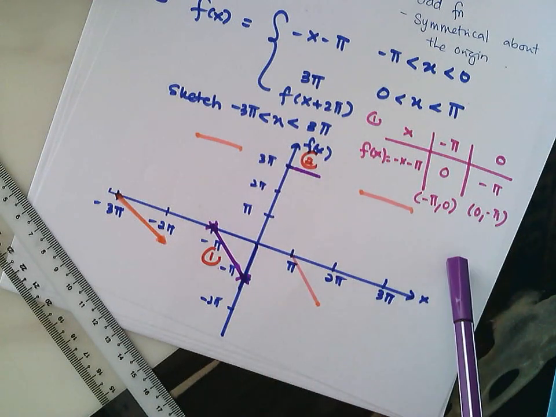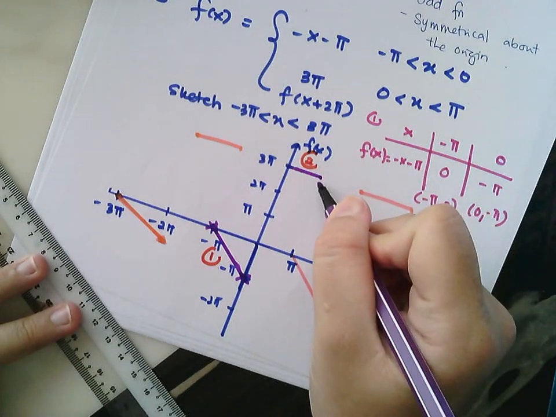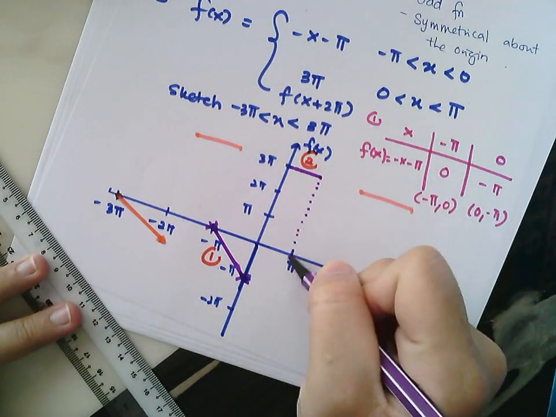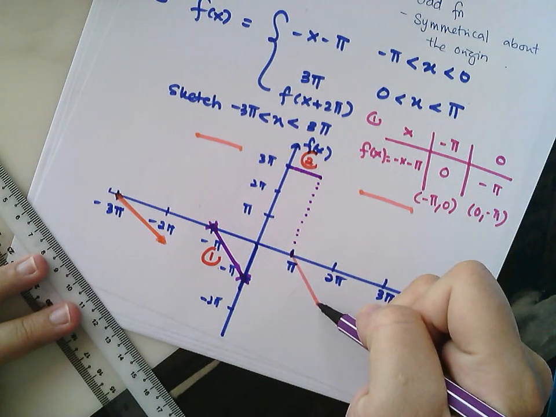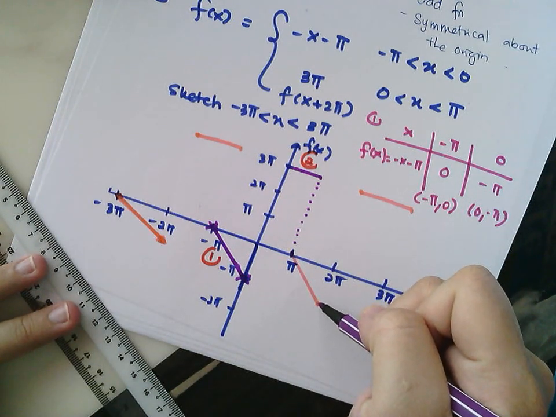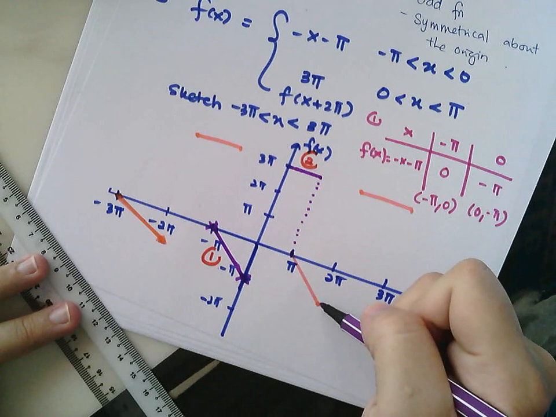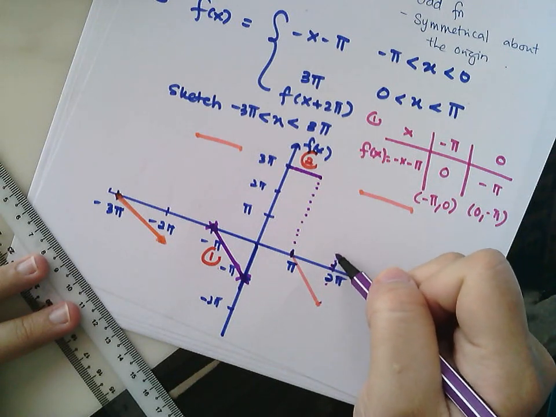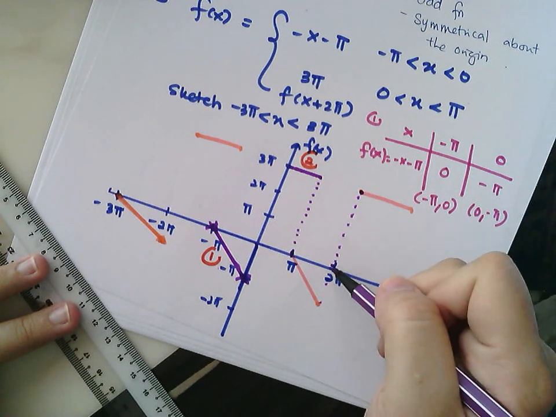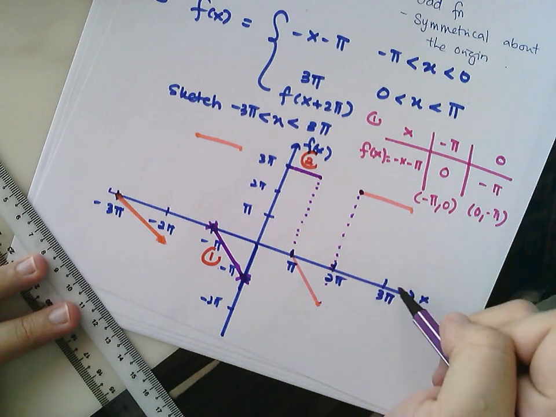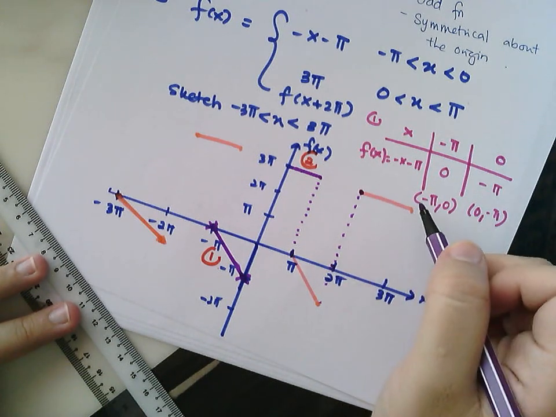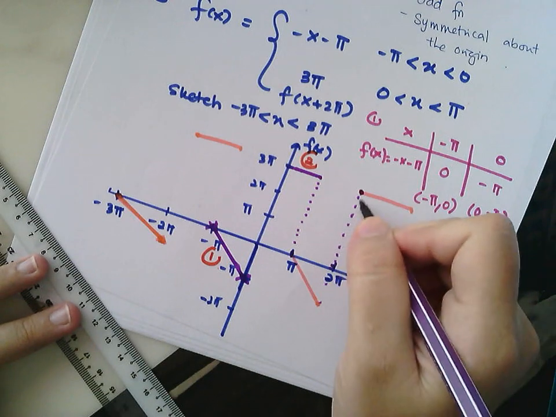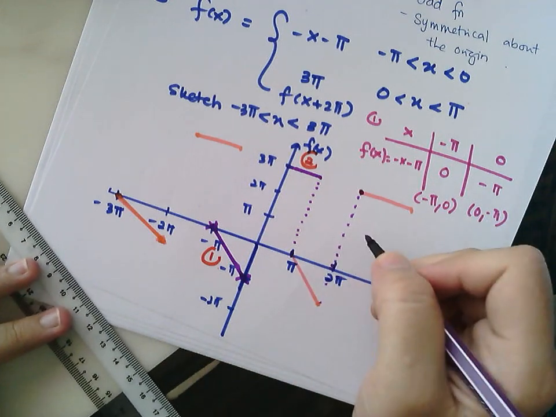We stop here, then we go down here and start with the repeated one. The next one is from 2π to 3π, so it is here. You don't need to have this dotted line. I just show you there is no gap.